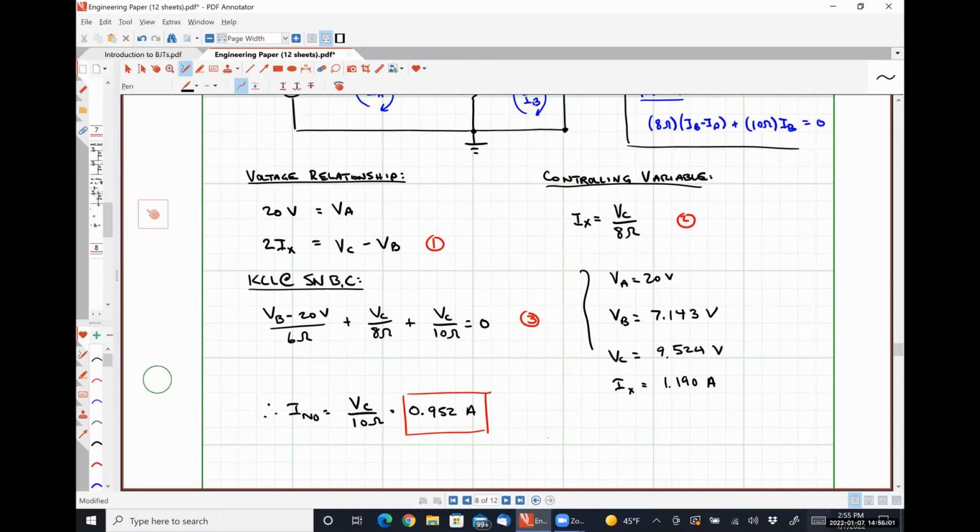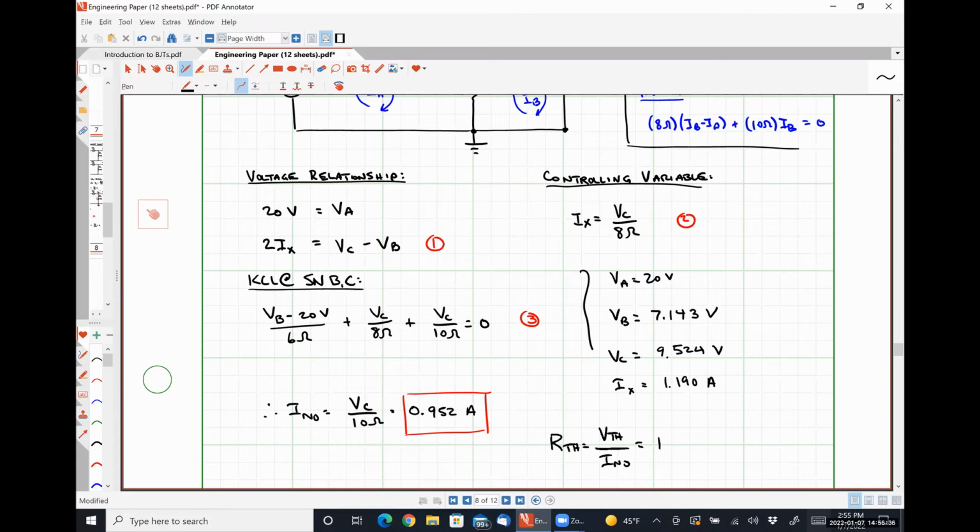R Thevenin. If my stylus will write, there we go. V Thevenin over I Norton, which is 40/3 divided by 0.9524. So I get 13.9997.